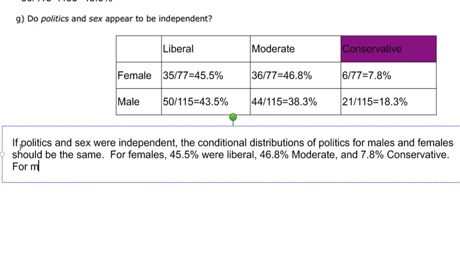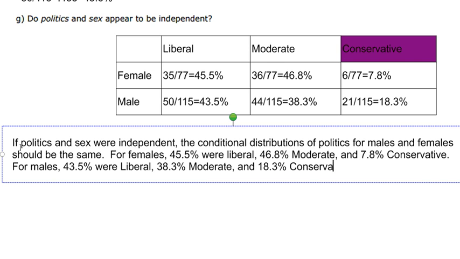For males, 43.5% were liberal, 38.3% moderate, and 18.3% conservative.